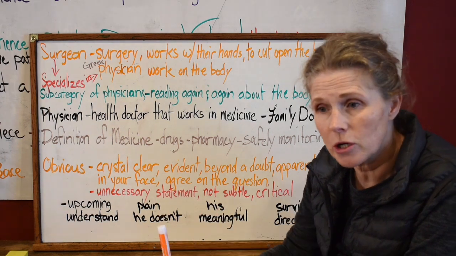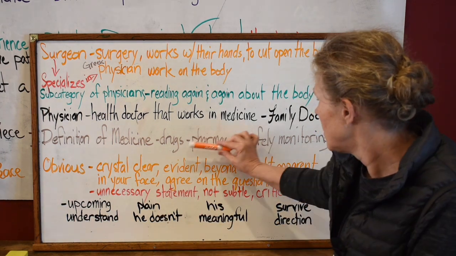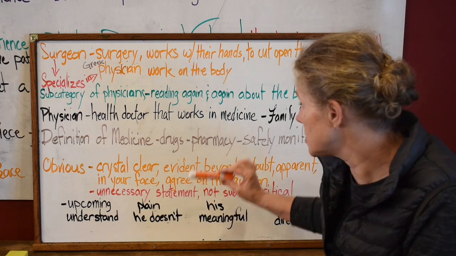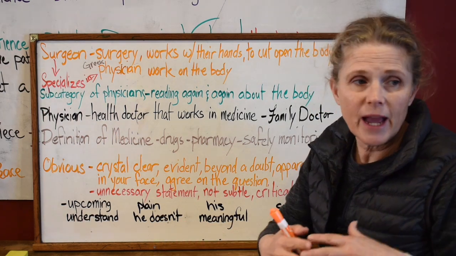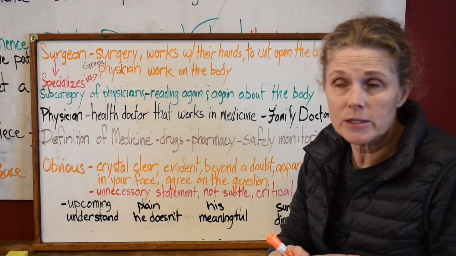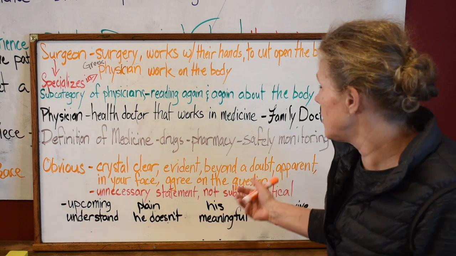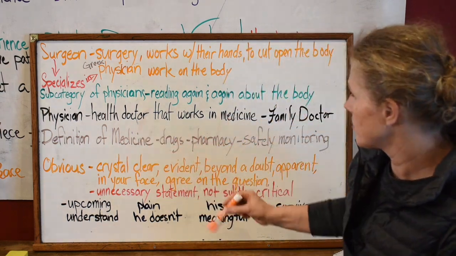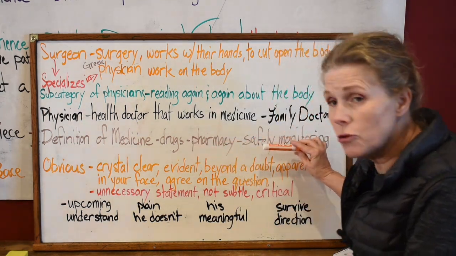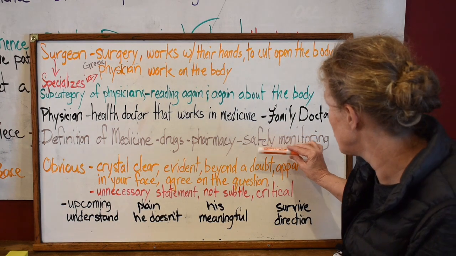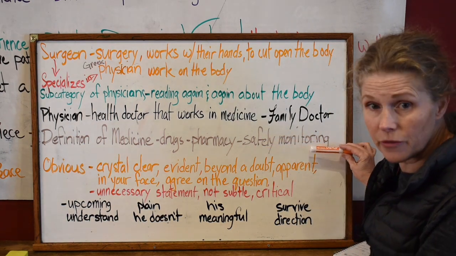It is not herbs. At least not in America. This is drugs. I do know that in other countries, they have herbs that you can find in the herbal section of a pharmacy. But that means drugs. When you see pharmacy, you know that we are supposed to safely monitor them.